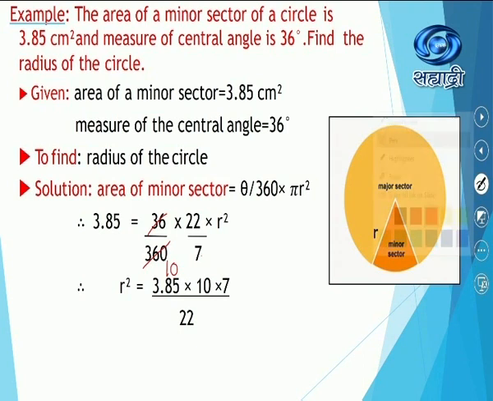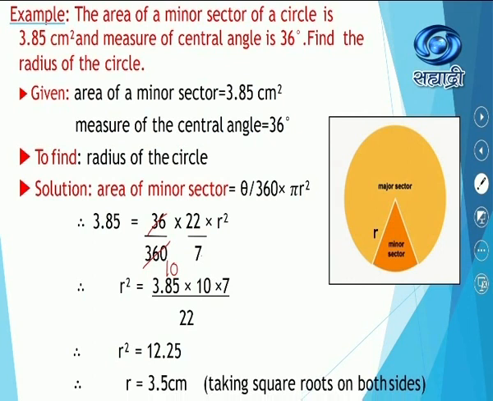Now if you go on calculating this, you are going to get r squared is equal to 12.25. And by taking square roots on both the sides, you will get the answer, that is r is equal to 3.5 centimeter. Therefore, radius of the circle is 3.5 centimeter.